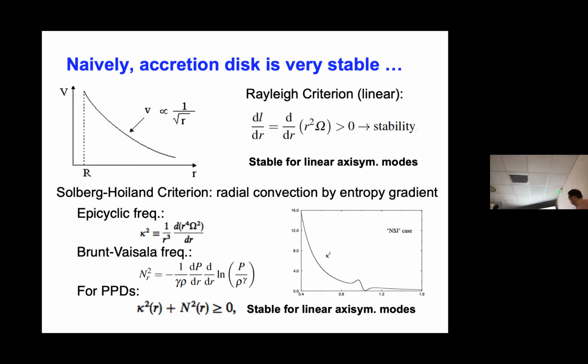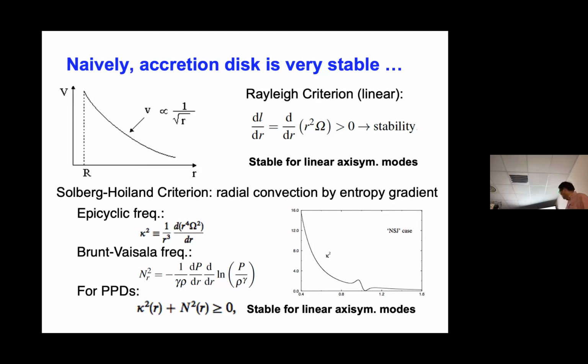And one could say, oh, since you have a pressure gradient, maybe you could get radial convection by an entropy gradient. For example, the pressure along this profile has a gradient, or the entropy has a gradient, and usually that also has been worked out. It's the epicyclic frequency kappa squared plus the Brunt-Väisälä frequency in the radial direction.